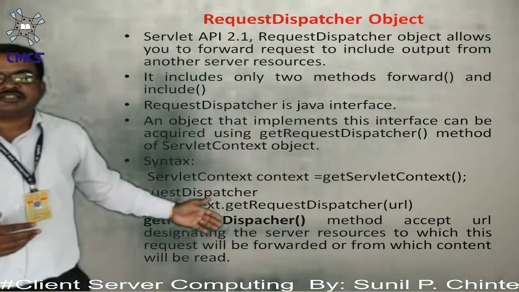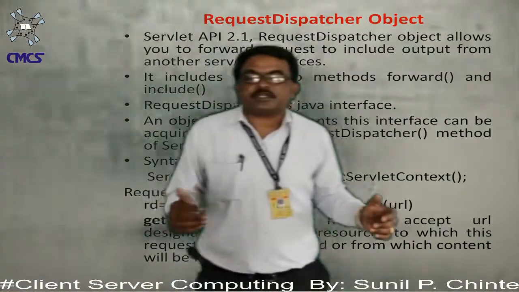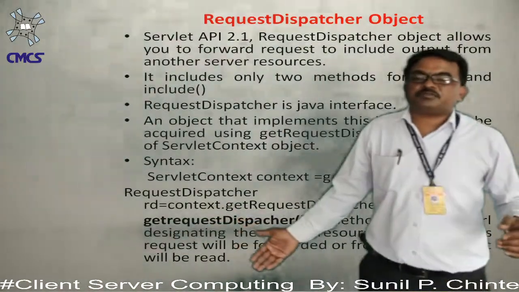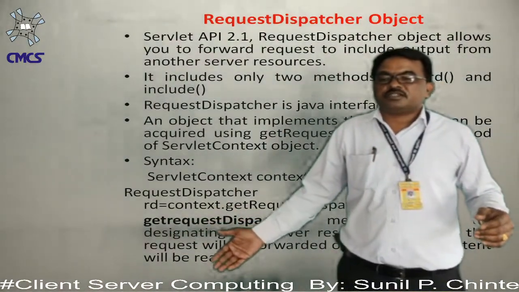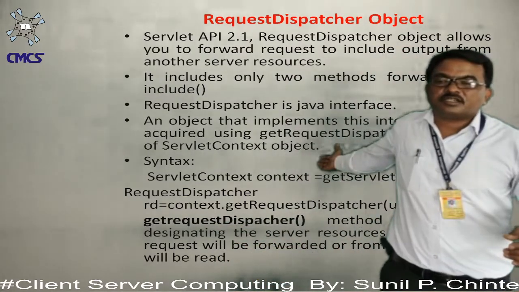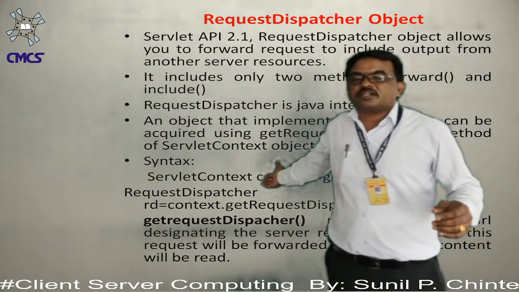Okay, here is the syntax of how we can instantiate the request dispatcher. Means we are creating the object of request dispatcher by using the get request dispatcher method of a servlet context.